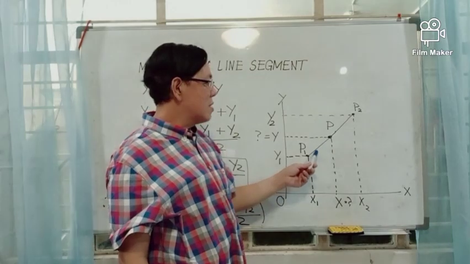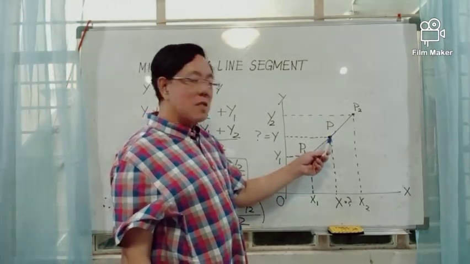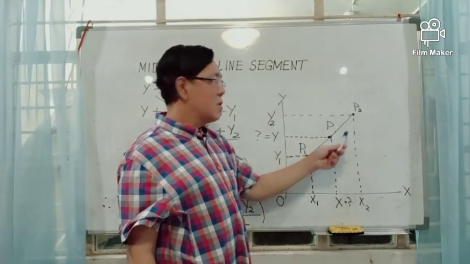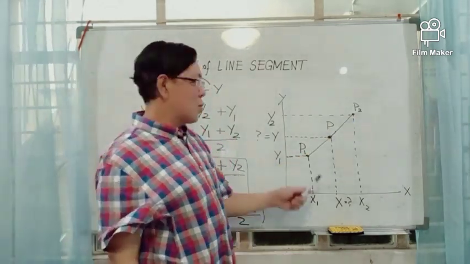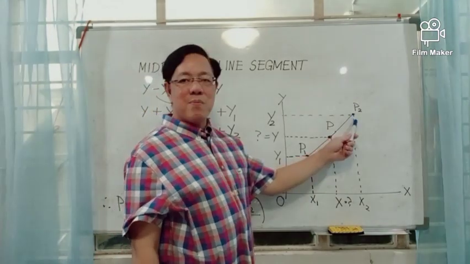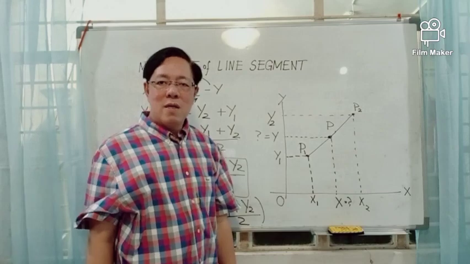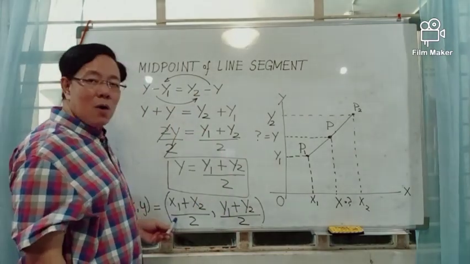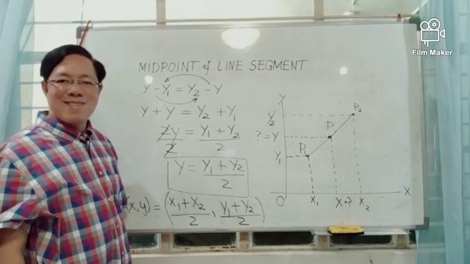And if you add this distance P1 to P plus the distance from P to P2, the sum must be the distance between P1 and P2. And we will now check that using the coordinates of the midpoint P.